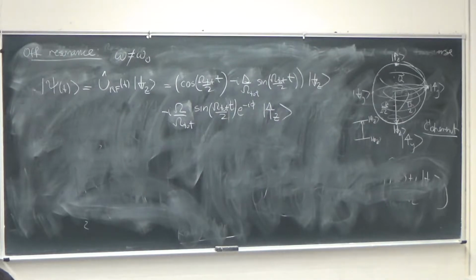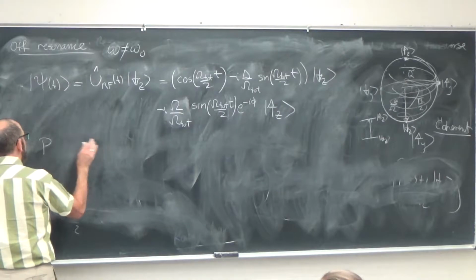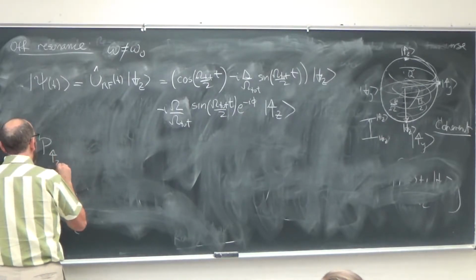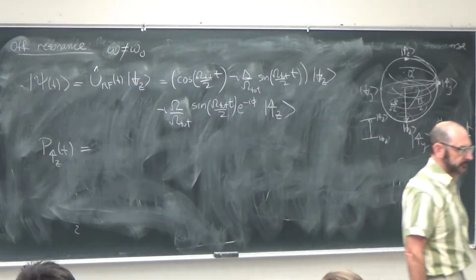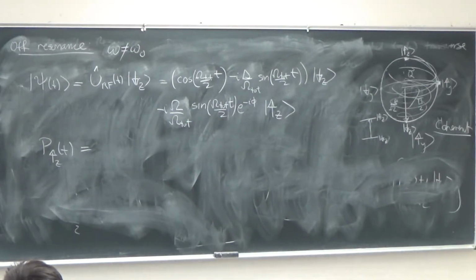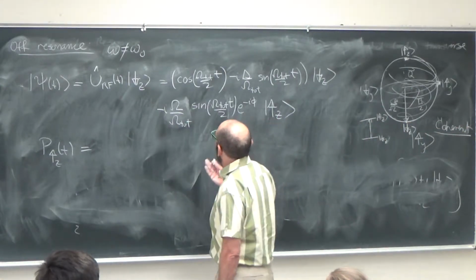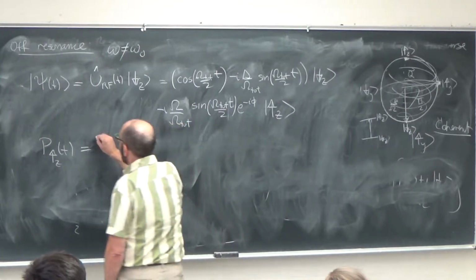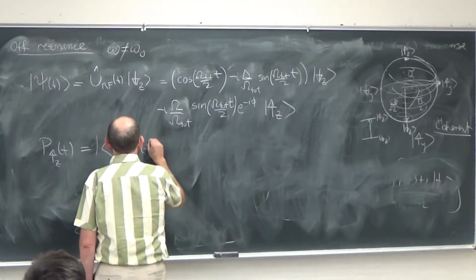Okay, so now I ask you, what is the probability of finding the spin up along z at a later time? Yeah, as you say, that of course is equal to this probability amplitude squared, which is equal to what?